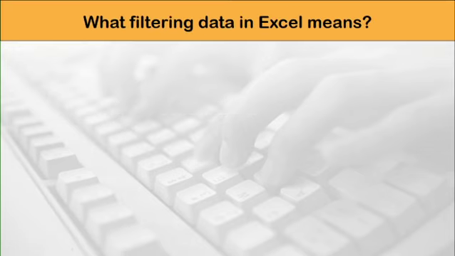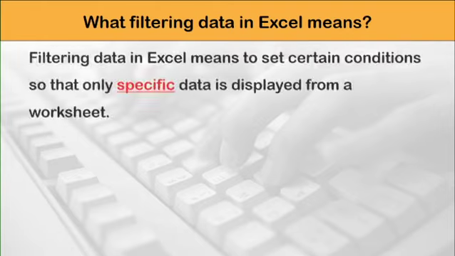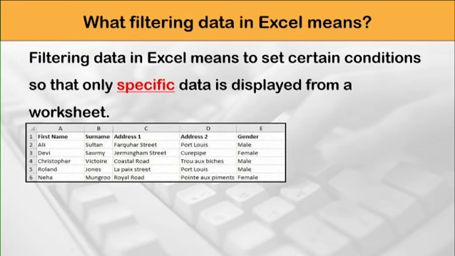Let us start the lesson by understanding what filtering data in Excel means. Filtering data in Excel means to set certain conditions so that only specific data is displayed from a worksheet. For example, in this worksheet, there is data kept about employees, like their names, addresses, and their gender.